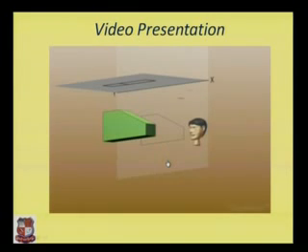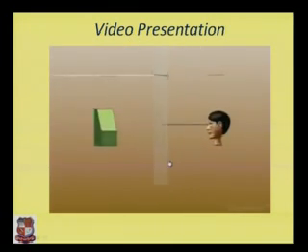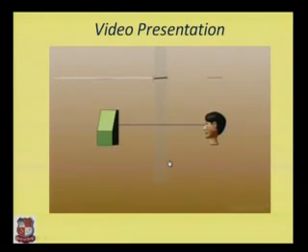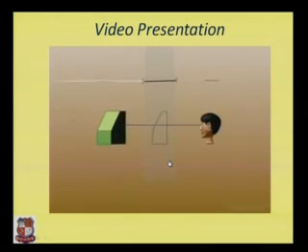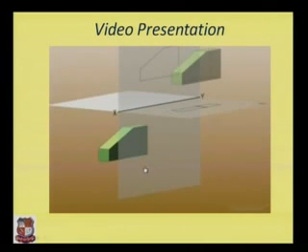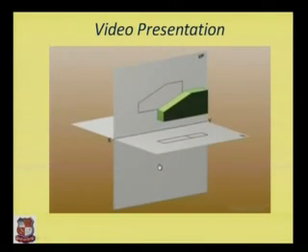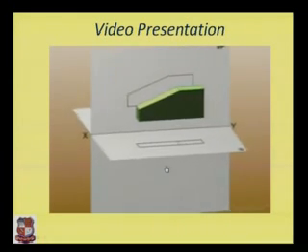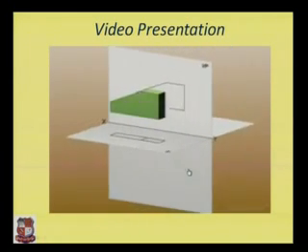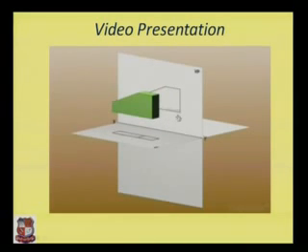So it is the vertical plane which is kept transparent, and the observer observes the front view on the vertical plane. In the case of the first quadrant, the vertical plane should always be kept above the XY line.